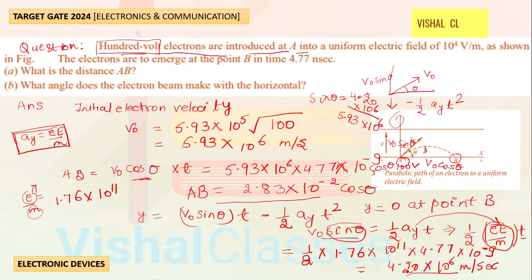Sine theta is equal to 4.20 into 10 raised to power 6 divided by V naught. V naught we have calculated as 5.93 into 10 raised to power 6. Here I am writing this: 4.20 into 10 raised to power 6 divided by 5.93 into 10 raised to power 6. This comes out to be near around 0.7077. Our angle comes out to be theta is equal to 45 degree.